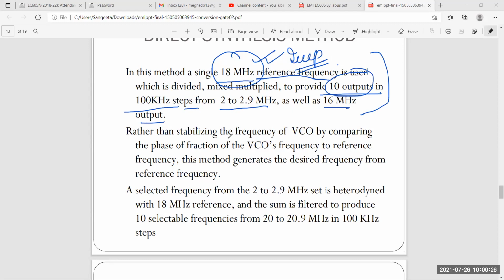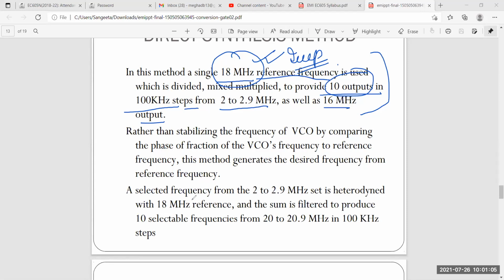Rather than stabilizing the frequency of the VCO, the voltage controlled oscillator, by comparing the phase of a fraction of the VCO's frequency to the reference frequency, here we have a reference frequency of 18 megahertz and again need to stabilize the frequency of the VCO. They compare the VCO's frequency to the reference frequency, and this method generates the desired frequency from a reference frequency after the comparison.